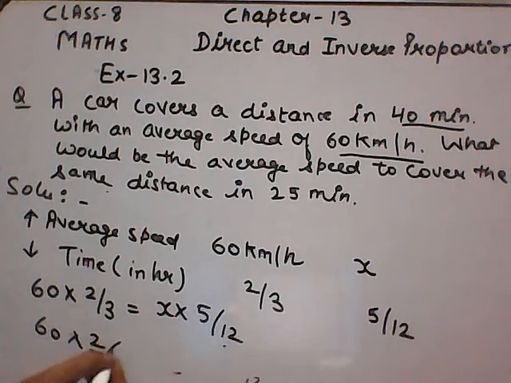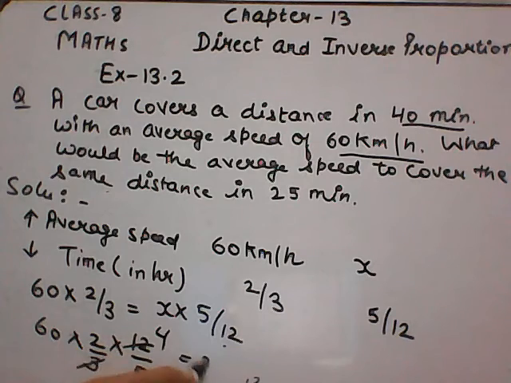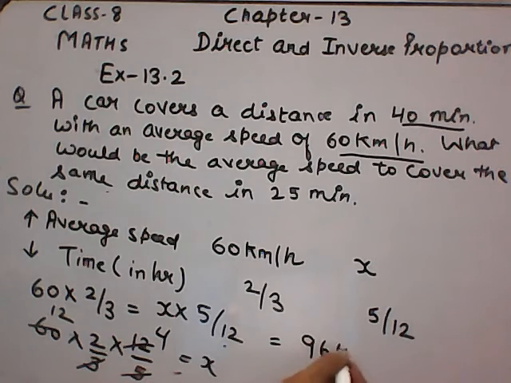When it goes to the other side, it becomes a reciprocal, that means 12 by 5. 3 fours are 12, 5 ones are 5. 5 twos are 10. Here 12 multiplied by 2 is 24. 24 multiplied by 4 is 96. It is 96 km per hour.